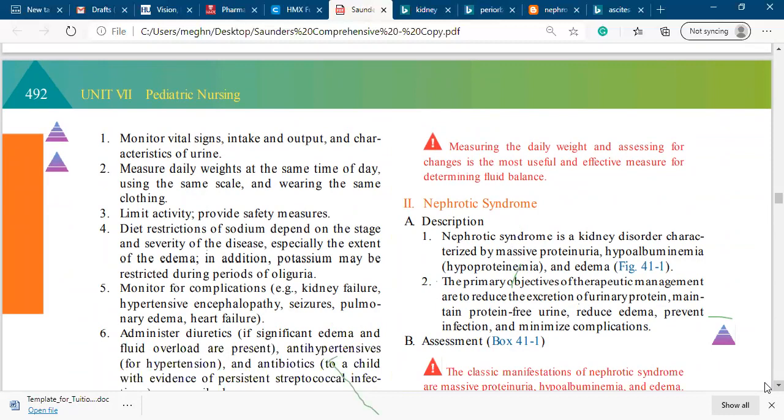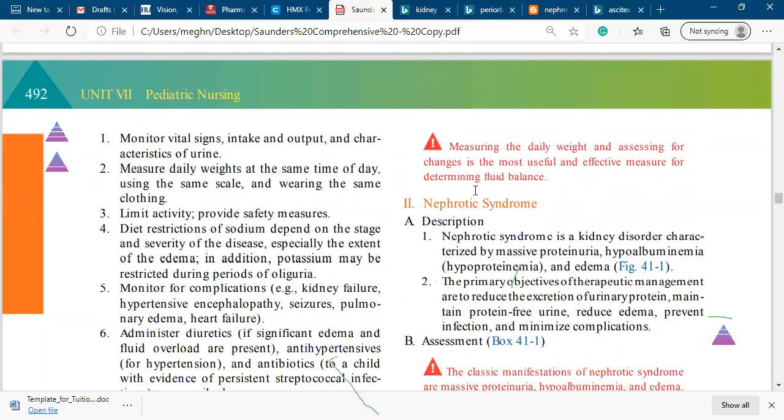We have to know that every day we have to monitor the patient's daily body weight. It indicates whether fluid is accumulating or not. Measuring the daily body weight and assessing for changes is the most useful and effective measure to determine fluid retention or fluid balance.